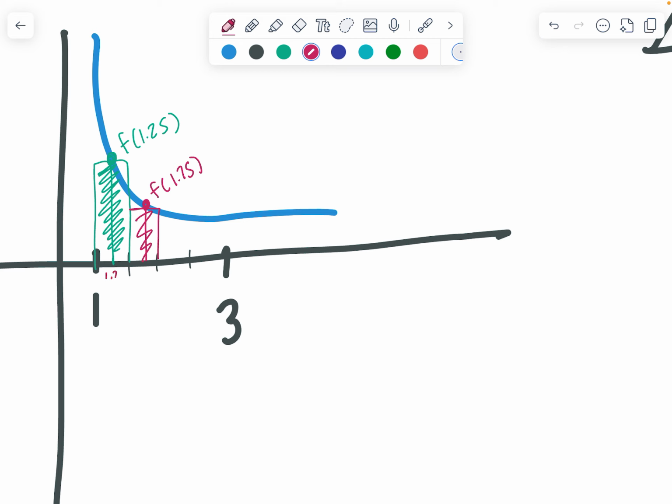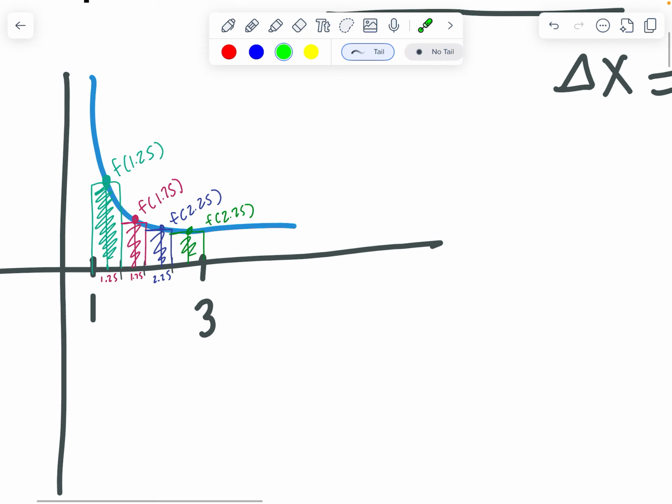Continuing on, next rectangle, this is f of 2.25, and then finally this last rectangle, and that is being made using f of 2.75. So really, what I just want you to see based on yesterday is there's not that much space that's not used, right?